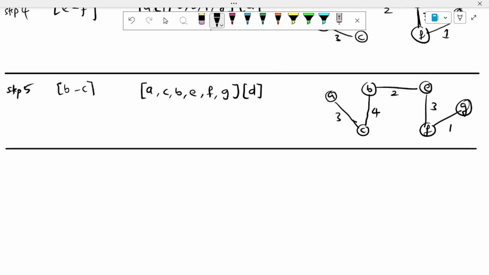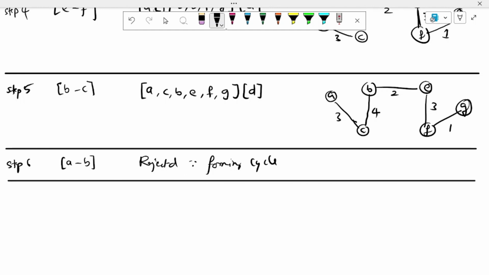So just mention it here in step 6, AB, and write this as it is, whatever is written here, A, C, B, E, F, G, because I am not going to add it. Rejected, or you can write it here only, no problem. Instead of writing the components, you can write rejected because forming cycle. You can write it here.